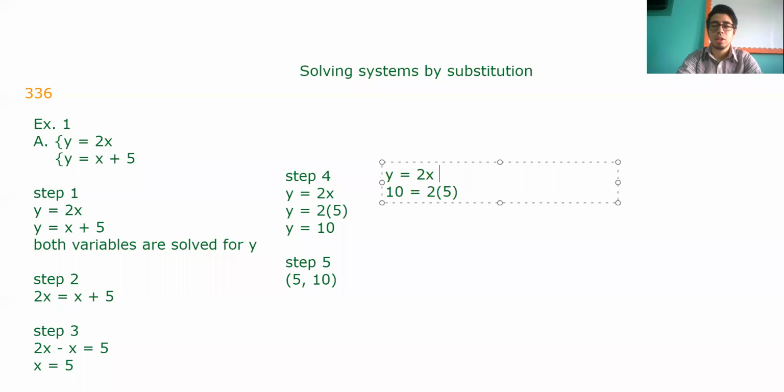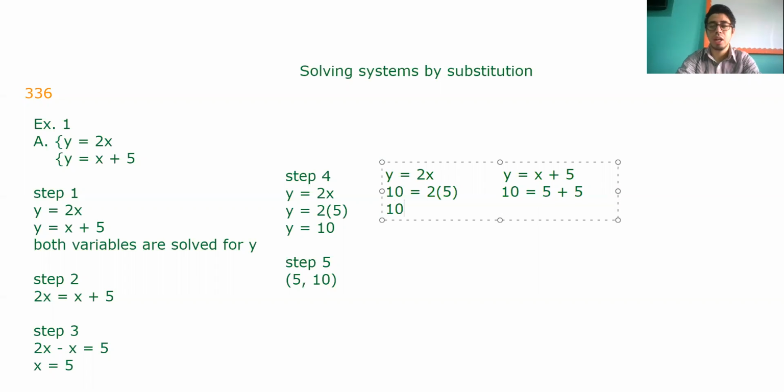So, and in the other one, you have that y is equal x plus 5. You know that y is 10, so 10 equal 5 plus 5.